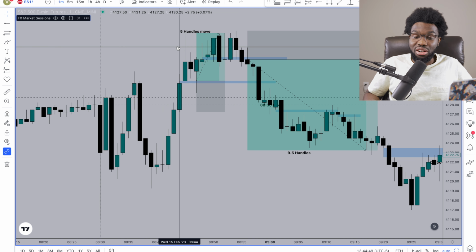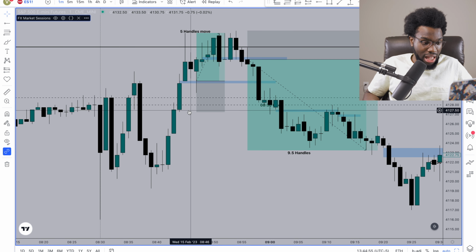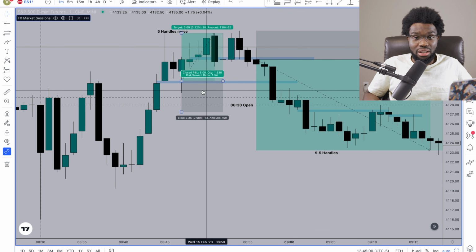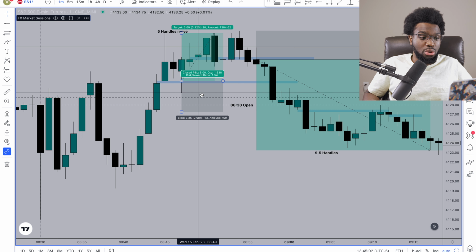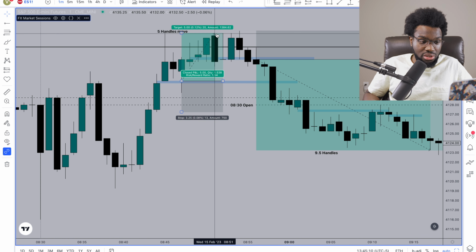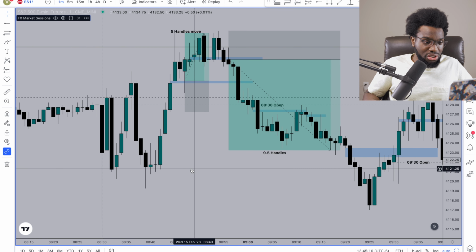It was going in the direction that I wanted it to go, so I still entered right here, and my stop loss was literally right below this candle. So if you're risking 1% on a $100,000 account, reward is 1.5, which gives you $1,540. You can see it got up there right to the tick, and it started coming back down. So that was the first trade.